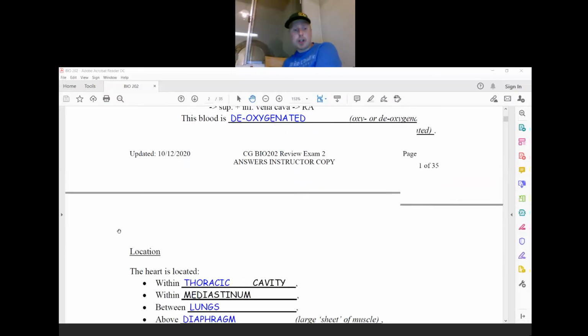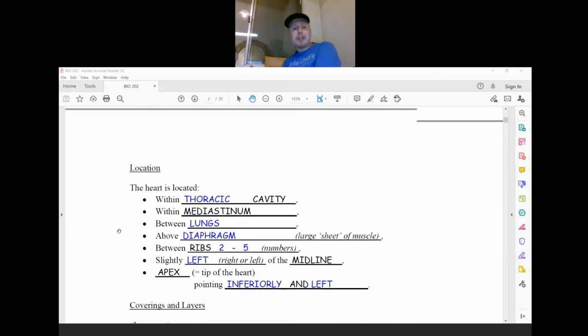What I want to show next was that we should start always when we talk about a structure by kind of defining a little bit of its location. Where is it present? So we end up finding that the heart is located within the thoracic cavity. There's an area called mediastinum within there, which contains the central parts.